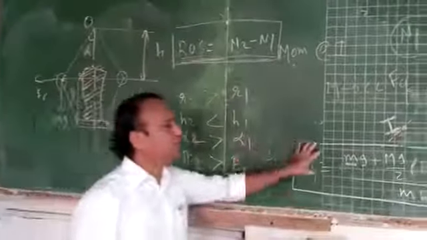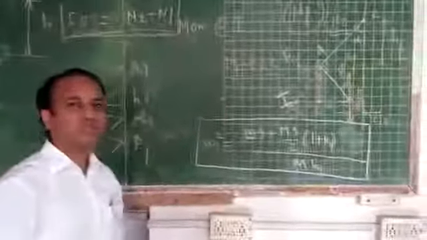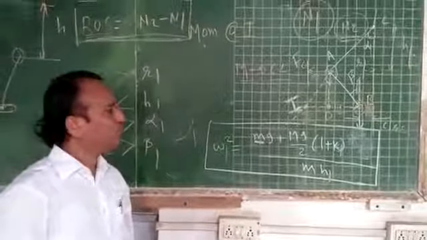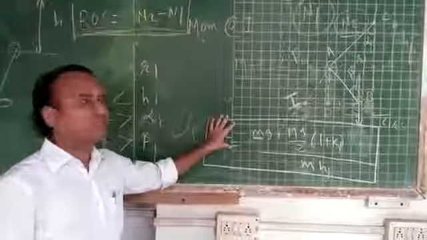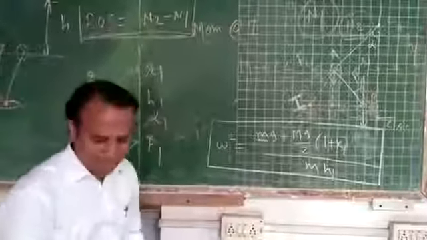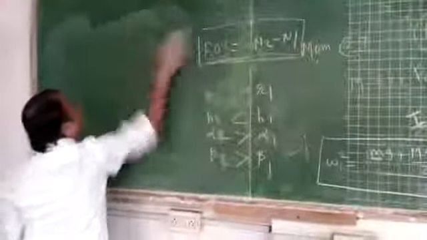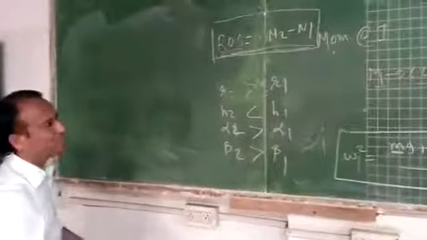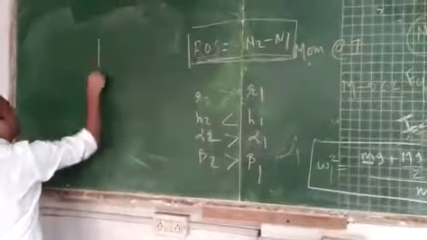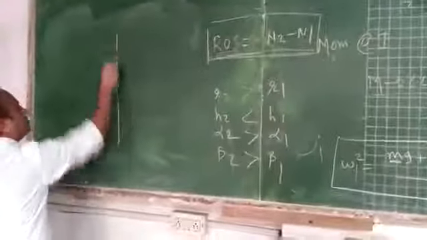If you understand the working of Porter governor, then the same process you can apply for Crowell governor. A line diagram, one half of Crowell governor, only I will draw.